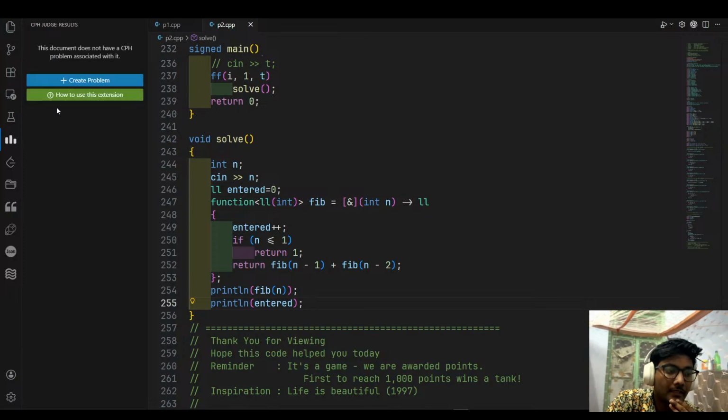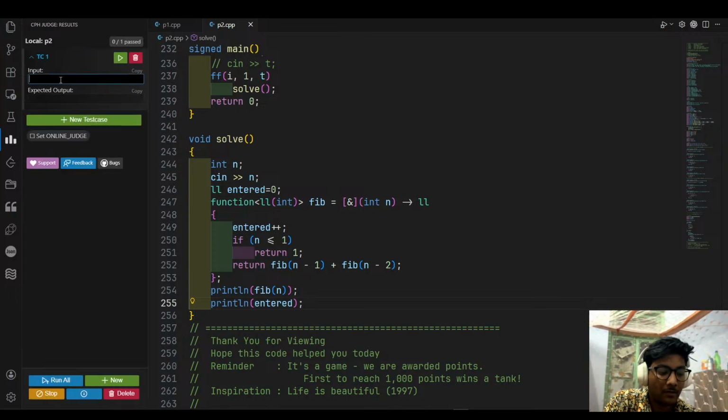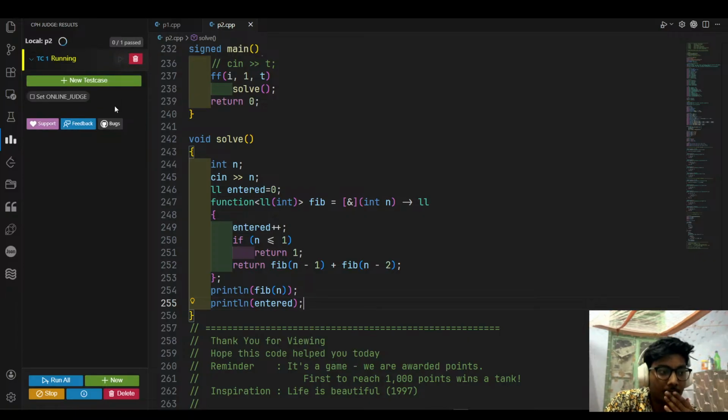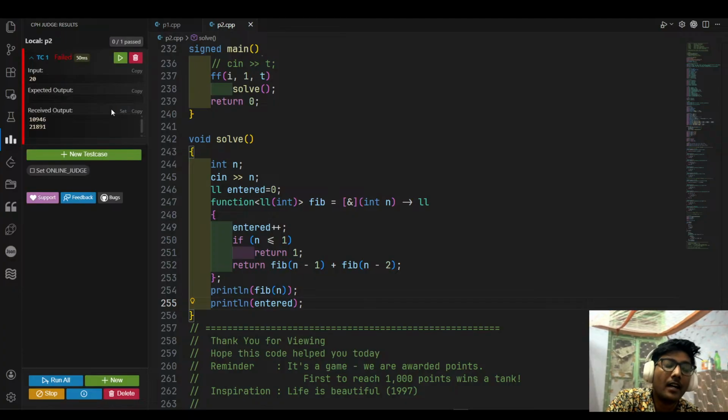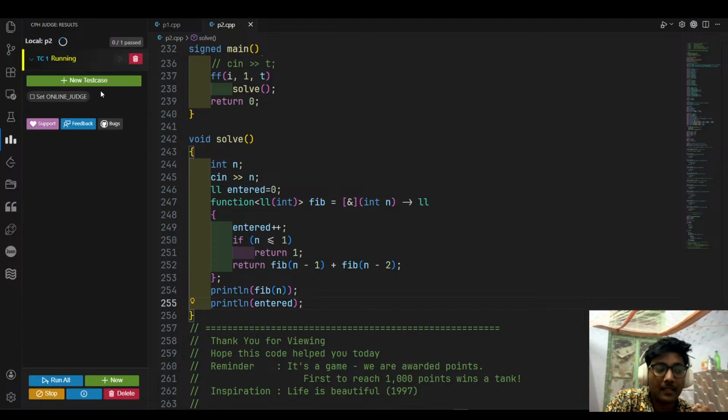So let's try to test it out for some big value, maybe 20. Of course, I'm selecting smaller numbers because Fibonacci has complexity 2 to the power n, and 2 to the power 20 is very high. You see, I have the answer around 10,000 something, and I have entered the function 20,000 times for just a value of 20. If I set 30, it is not even double or triple or square of 30.